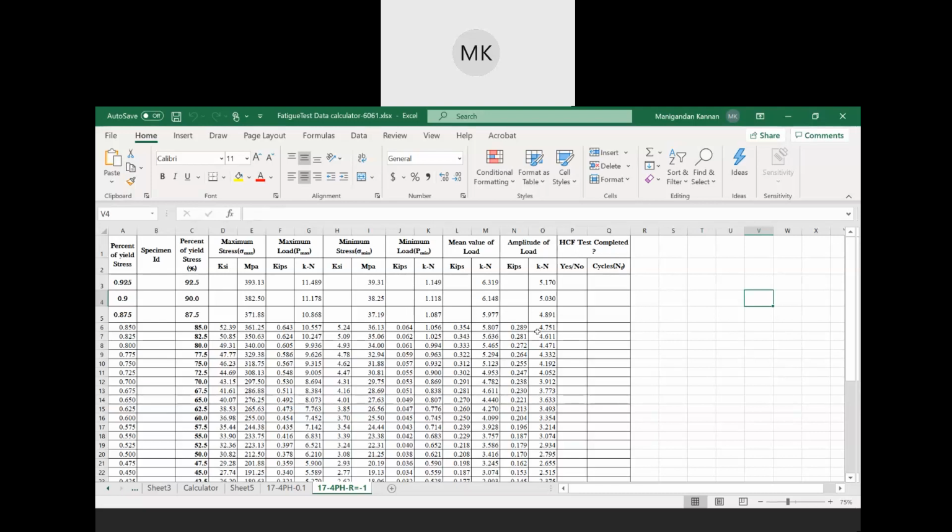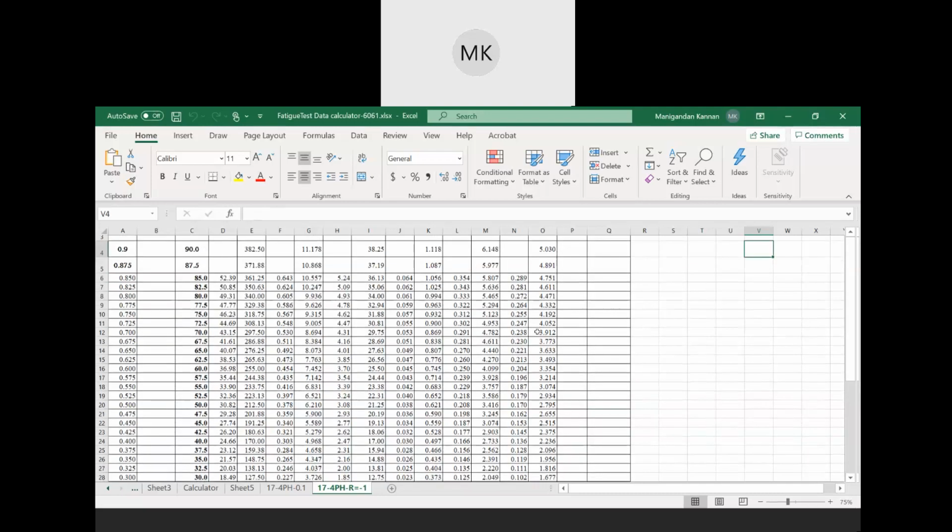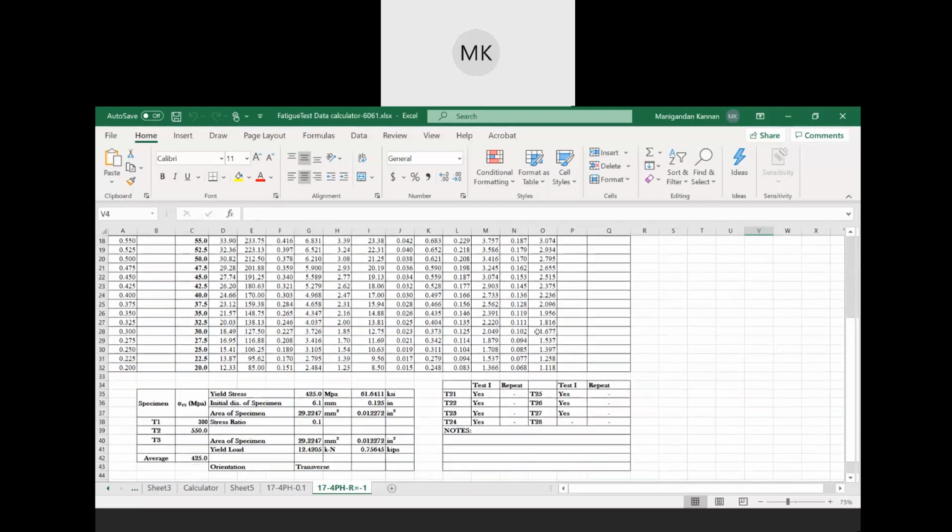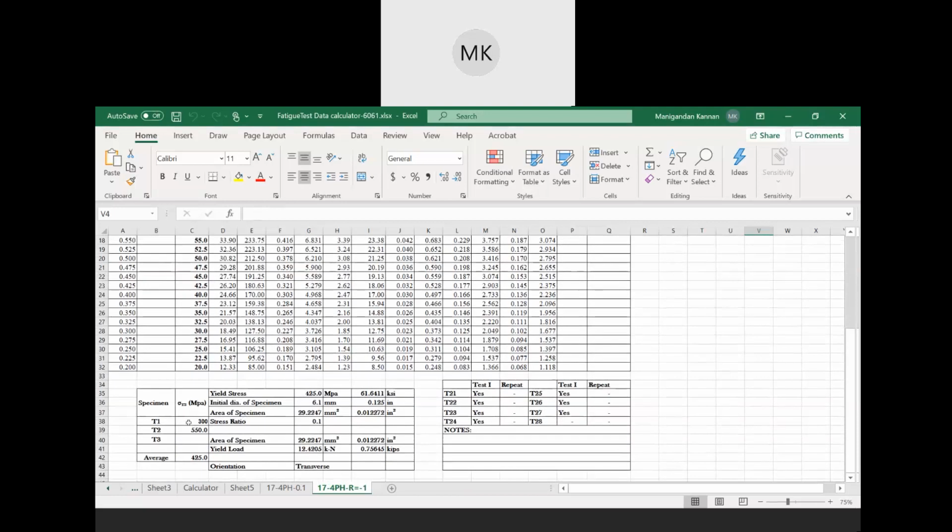The only inputs that I have to give in this are multiple test data points from the tensile tests that I do, and then it gets the average of that and puts that value over here. The other input is the diameter of the round sample that I'm using. If I'm doing a flat sample, I can directly write what the area is.